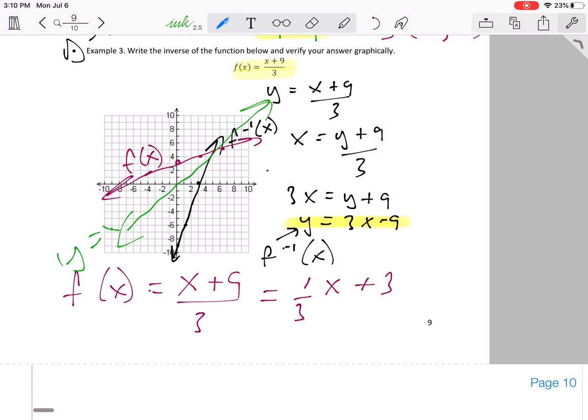Just like when we do a reflection, in order to have a reflection you need a mirror line. So y equals x is a mirror line when you're talking about inverse. They have to reflect upon that line. Pretend that's the mirror that you're holding up, reflecting the object in its image.